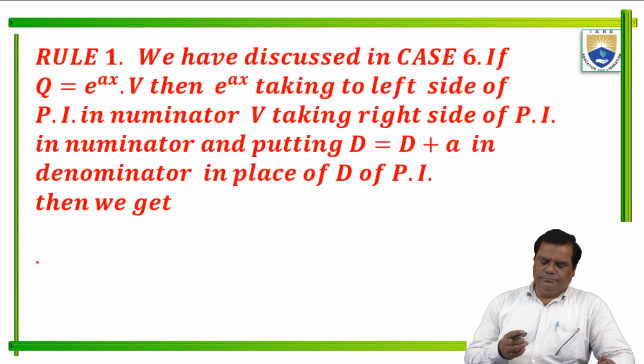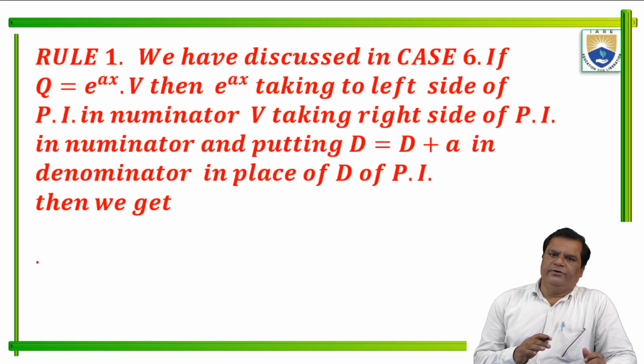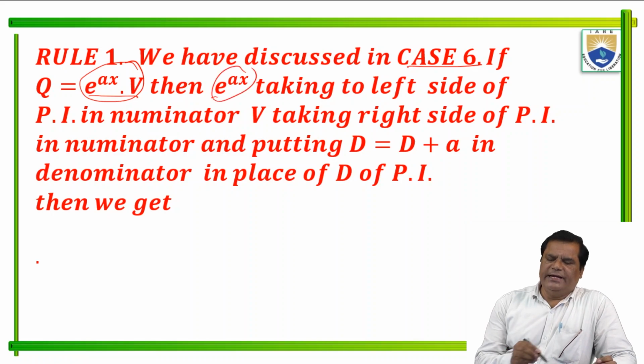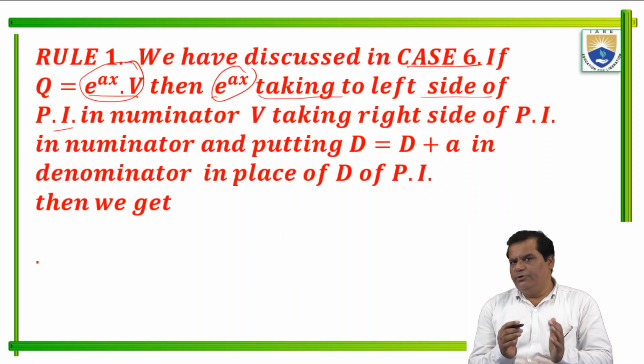This is equation 9. Rule 1: what rule do we apply to find PI, the particular integral? We have discussed in case 6, if Q is e to the power ax into V, both functions are multiplied, then e to the power ax is the exponential function, which is taken to the left side of PI, the particular integral.